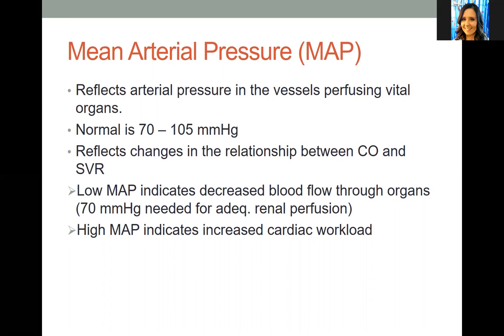If we don't have enough blood or blood volume, our MAP may be low and blood may shunt to the vital organs, so the heart, the brain, and the lungs, and not go peripherally. That's when you might see the kidneys shutting down because they're not getting blood flow. If we have an increased MAP, it just indicates an increase in cardiac workload, so that heart's having to work really hard.